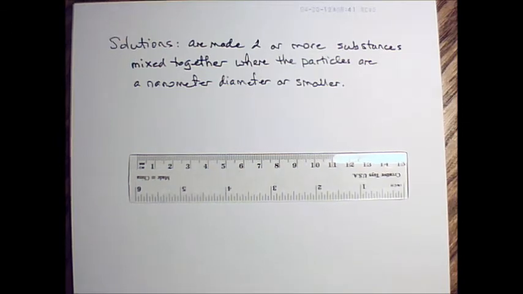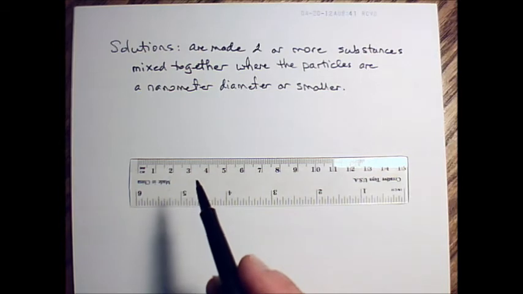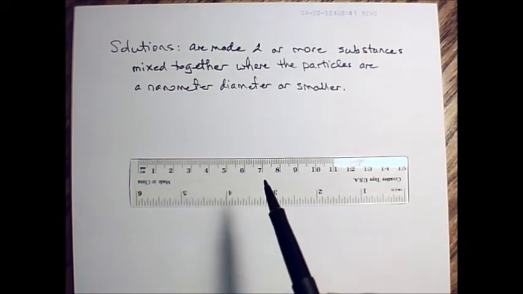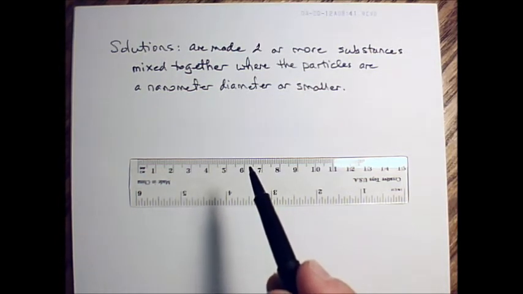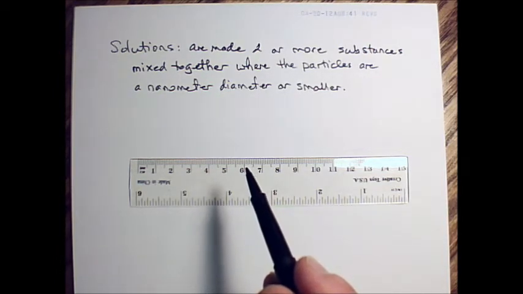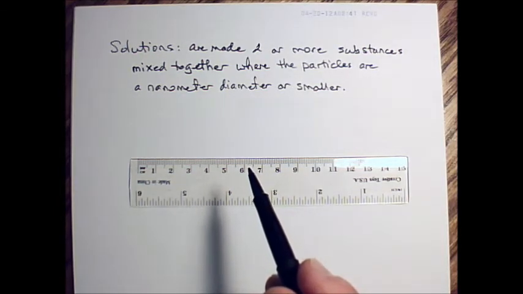So this little tiny marking here is 1 over 1,000 of a meter. If we split each of those little tiny marking sizes into 1,000 pieces, then split those into 1,000 pieces, and then split those into 1,000 pieces, then we have a nanometer.